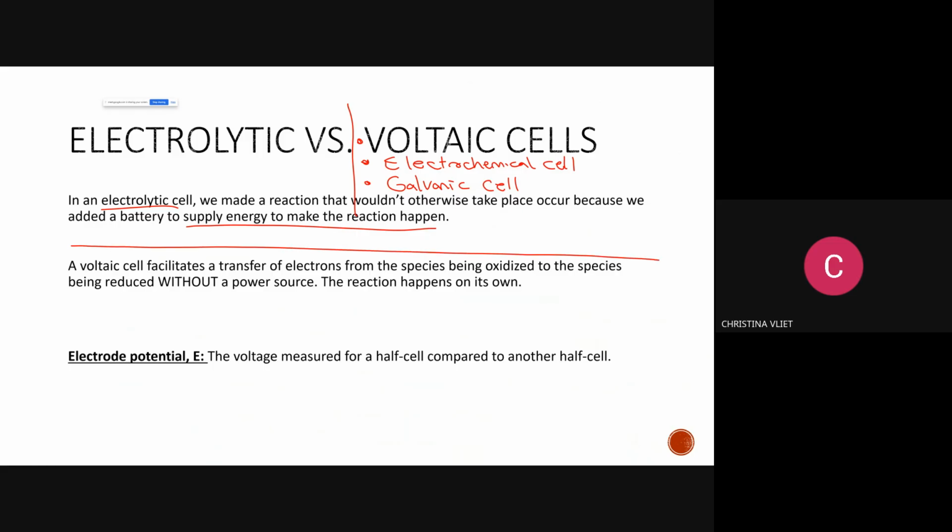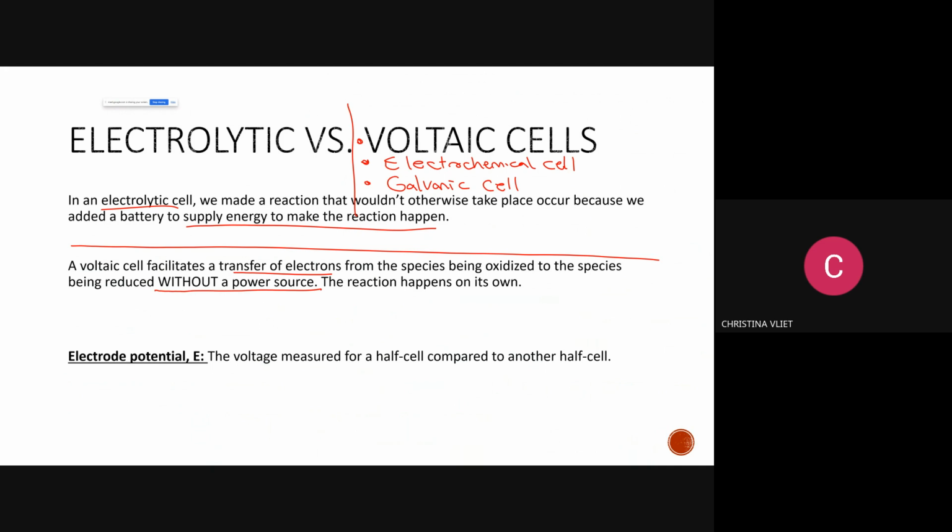So the voltaic cell, the second type of cell, type number 2, facilitates a transfer of electrons that already would be happening in a chemical reaction. So it facilitates the redox process between what's being oxidized and what's being reduced. It basically harnesses the energy out of it. And the key difference here is you don't have a power source.